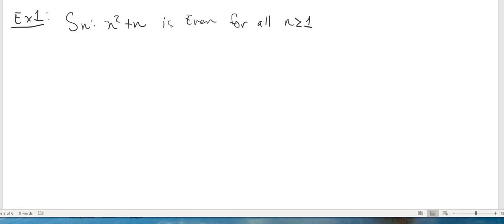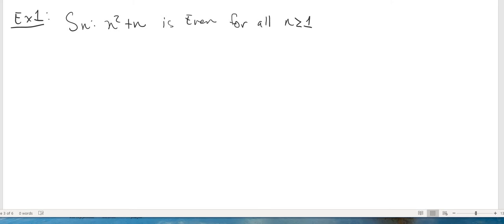Okay, so let's do an example all the way. So example number 1. They're going to give you a statement. The statement is the following: n squared plus n is even for all n greater than or equal to 1.